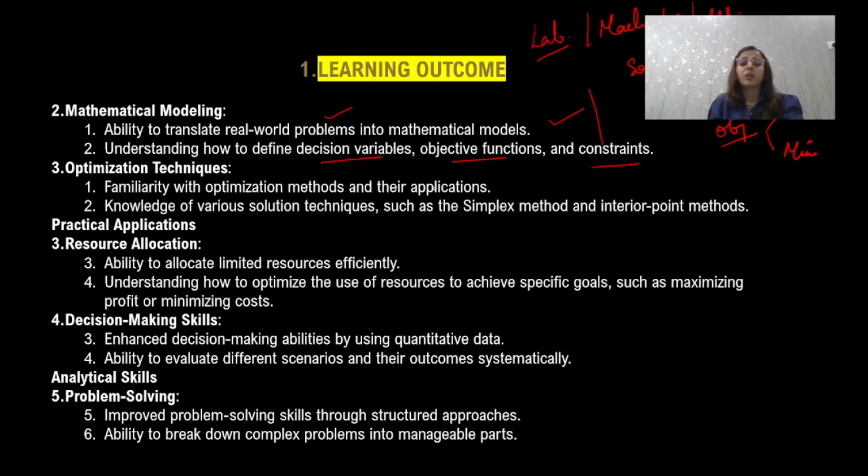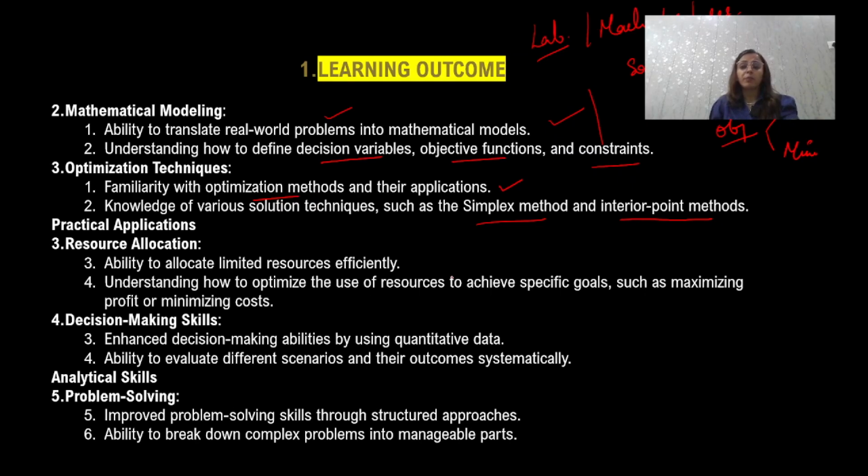With the help of linear programming, we are not only able to understand the mathematical formulation of problems, but also to find the optimization methods and how these methods are applied in real world scenarios. Next, most importantly, we will learn about the simplex method and the interior point method, which will help you get the solutions of linear programming.